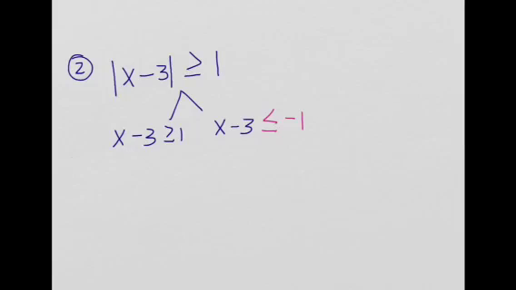Now we're ready to solve. We're going to zero pair out the 3. And we have x is greater than or equal to 4. And zero pair out the 3. We have x is less than or equal to 2.